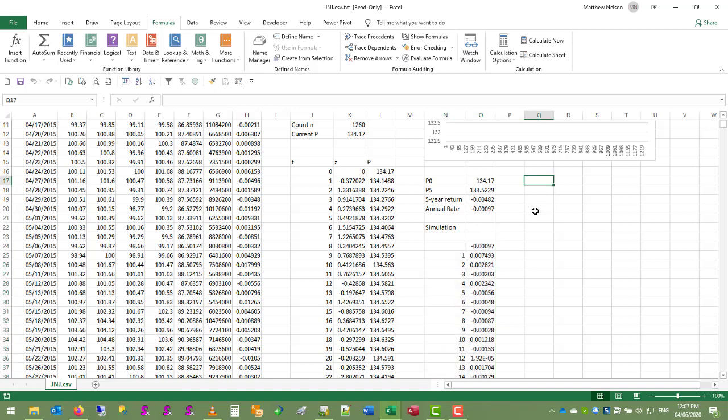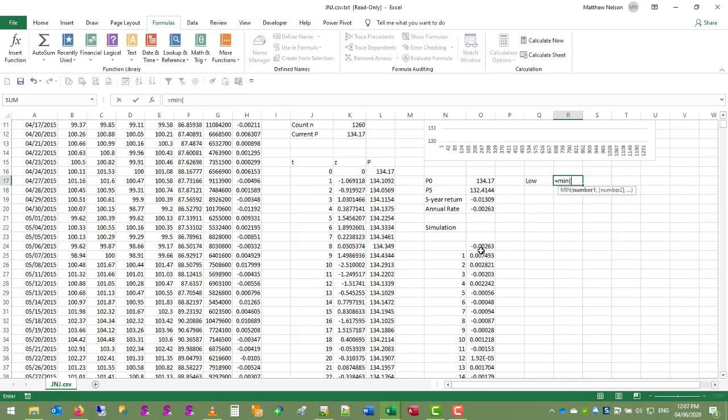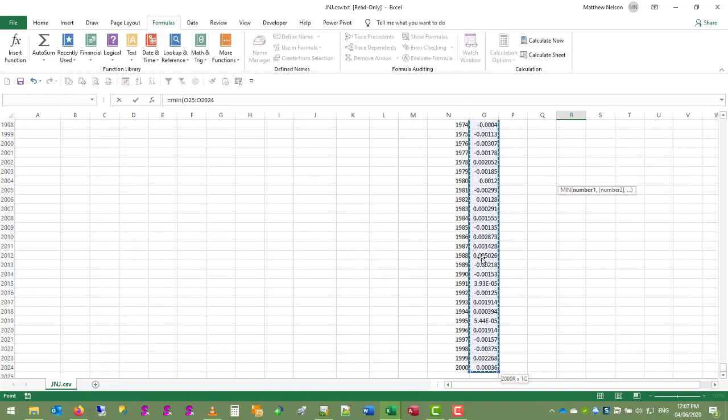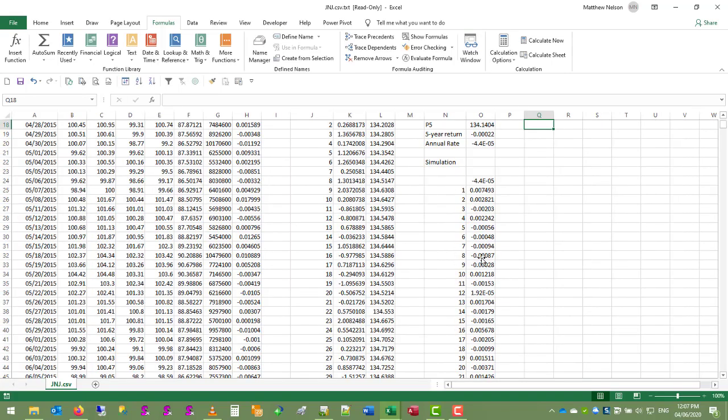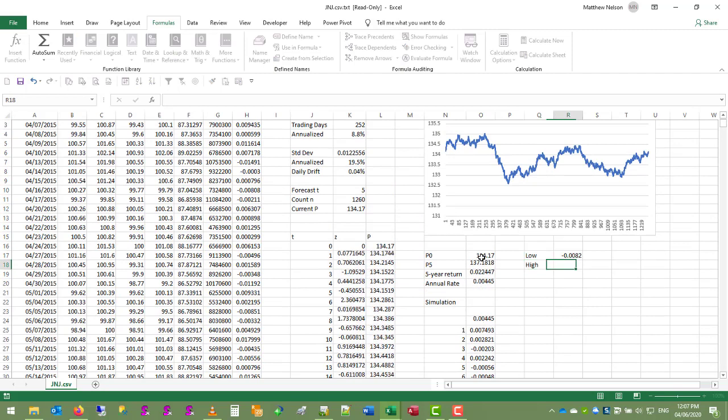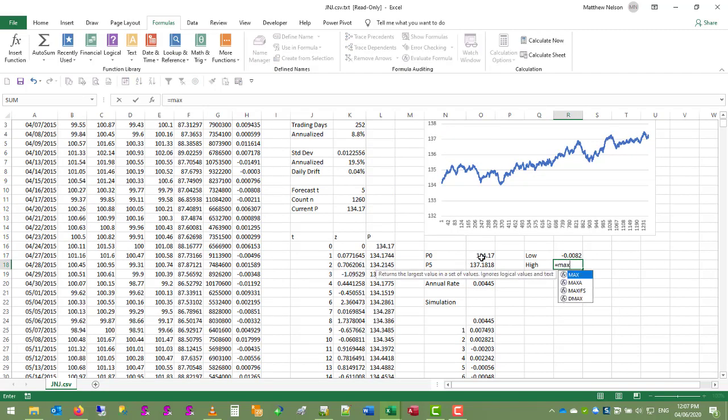So we need to make a histogram to see what this looks like. And then we can take descriptive statistics to find the mean. So first of all, we want to see what the lowest number is. So we'll take the min, and then the max.